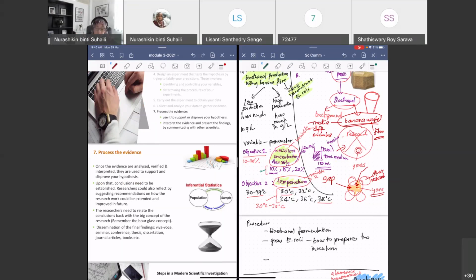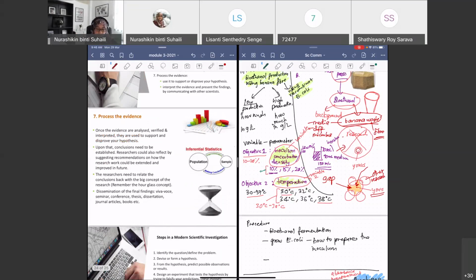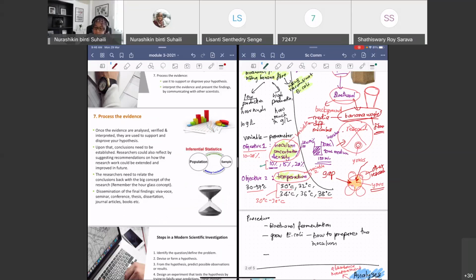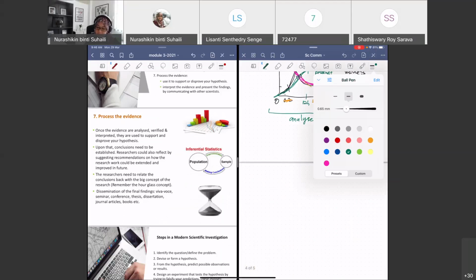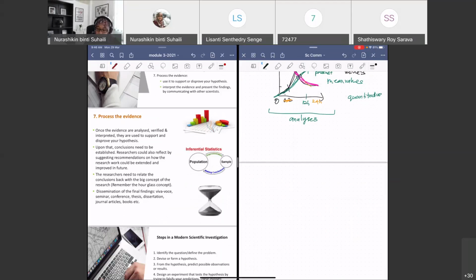So at this step, you are also making the conclusion. When you do the conclusion, it is always related to the objective. Based on this, you compare the data analysis that will bring you to the conclusion.